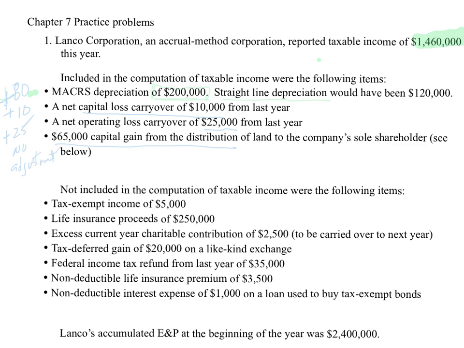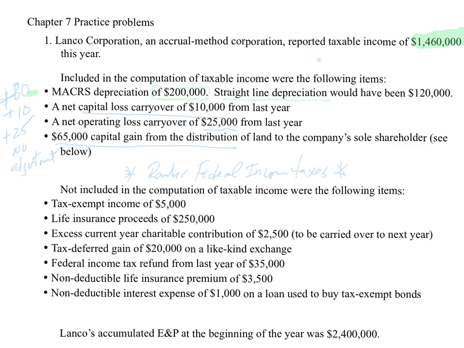Okay. All right, so now we need to go to the next group of things, and these are things not included in the computation of taxable income. Now, it's not going to be on this list, but we always have to think about federal income taxes.